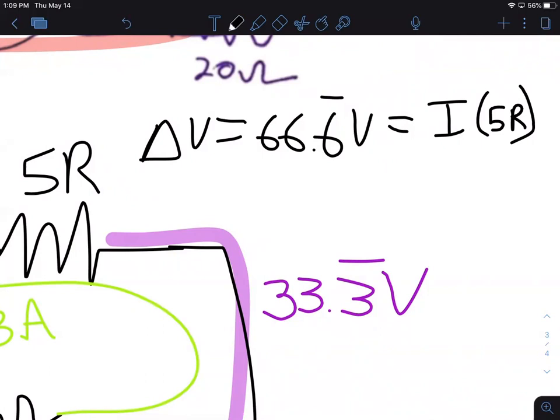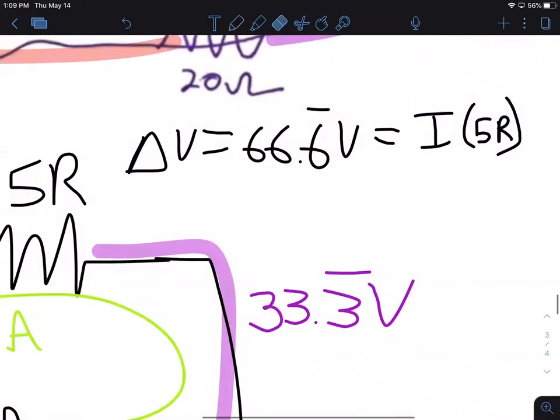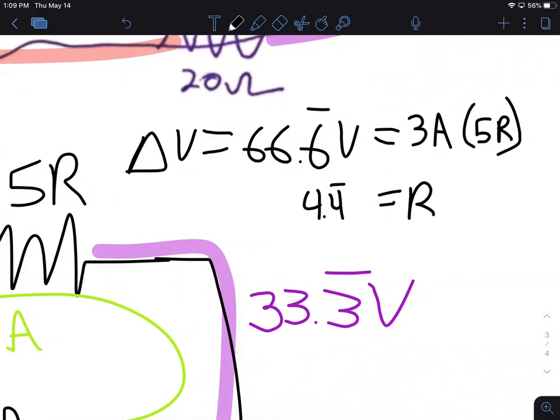So I is 3 amps. So 66 divided by 15, 3 times 5 is 4.4 repeating, basically, ohms.